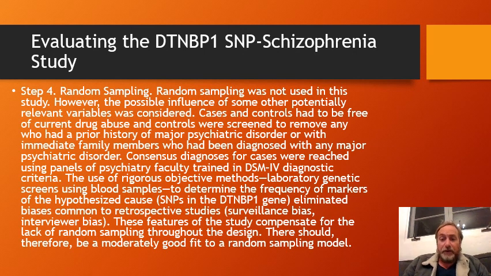So that's pretty good. In a retrospective design, you're doing a lot to compensate for the lack of random sampling. So altogether, a moderately good fit. You're never going to get a great fit to a random sampling model in a retrospective design, but moderately good is as good as you're going to get, and as good as studies could probably get.